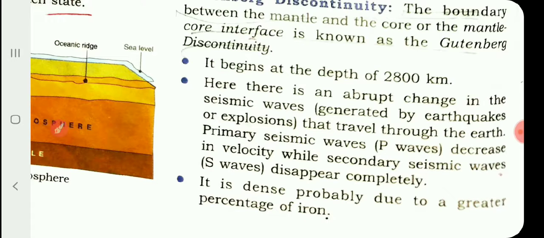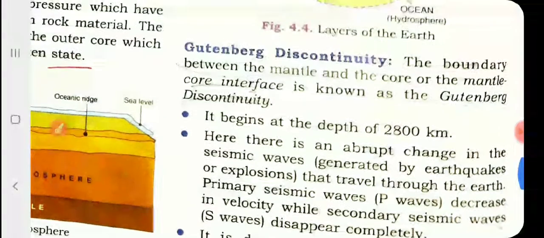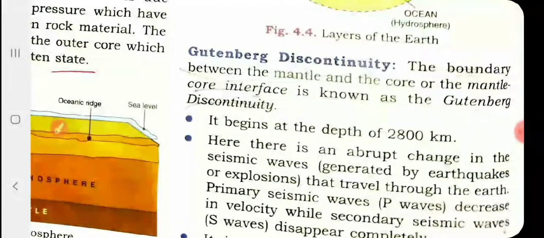The end of the mantle and the beginning of the core is known as the Gutenberg discontinuity. One ends and another begins, another stage begins. That is called the Gutenberg discontinuity.